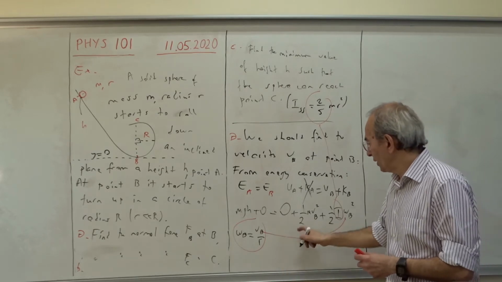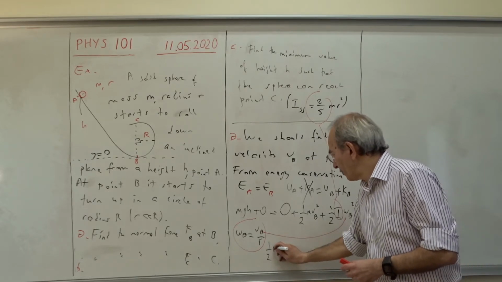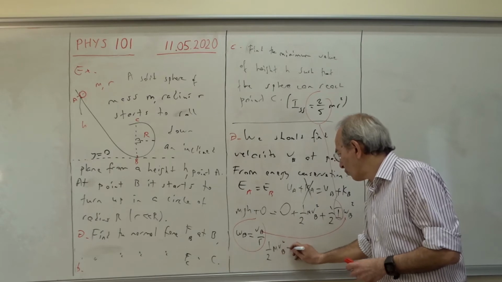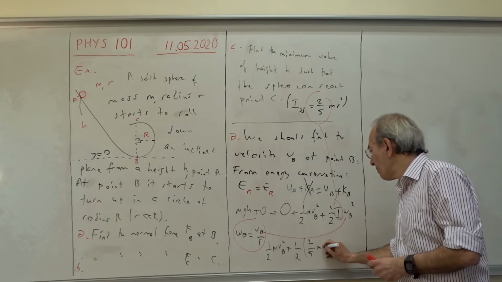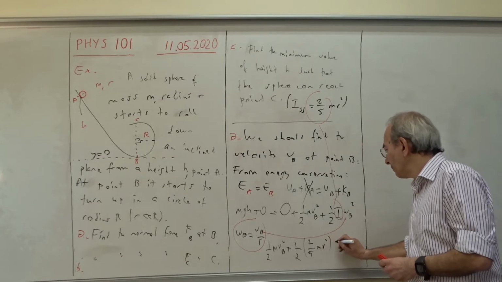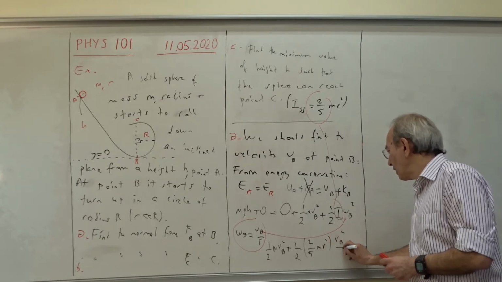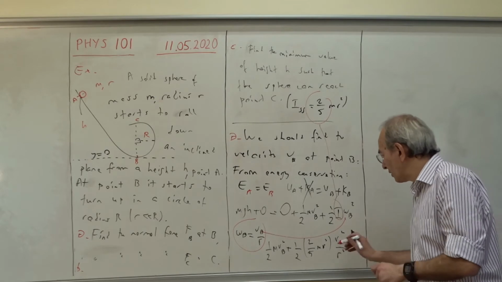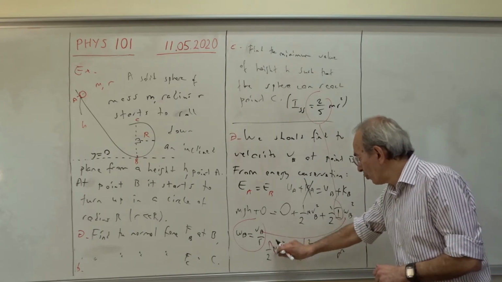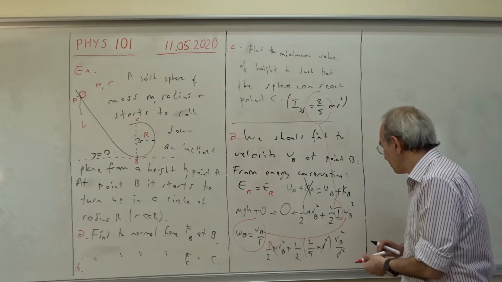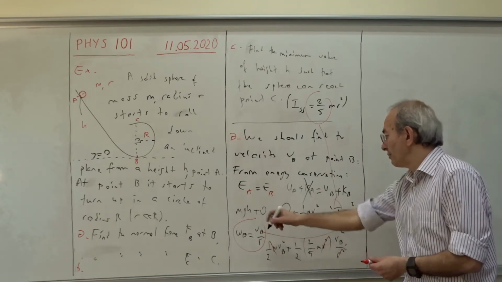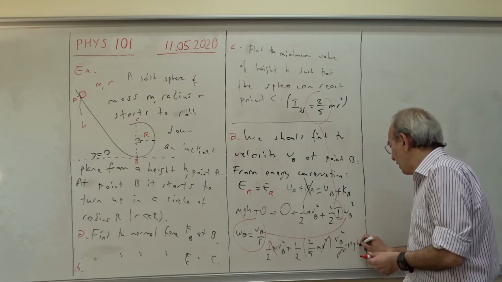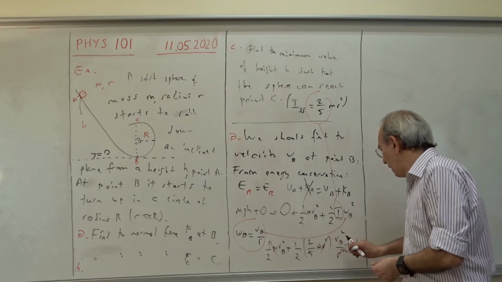So we have 1/2 m Vb squared plus 1/2 times 2/5 m r squared multiplied by Vb squared over r squared. So these r squares will cancel. This is equal to mgh on the other side, so the m's also will cancel.